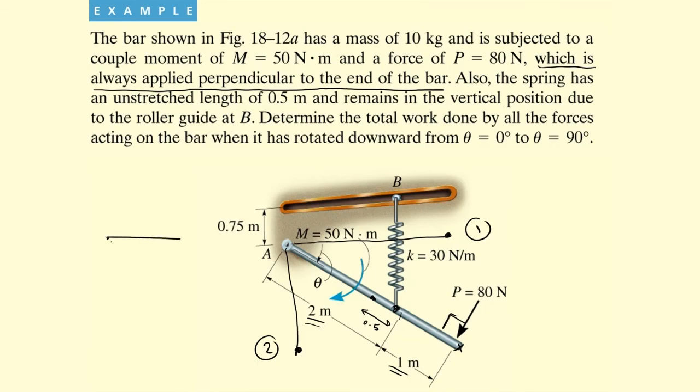The bar was like this. Then it moved down, it rotated until it reached this point. The center of mass is located here, so this distance is 1.5, and it moved down to here. So this distance is also 1.5. Therefore, the amount of vertical displacement equals 1.5.